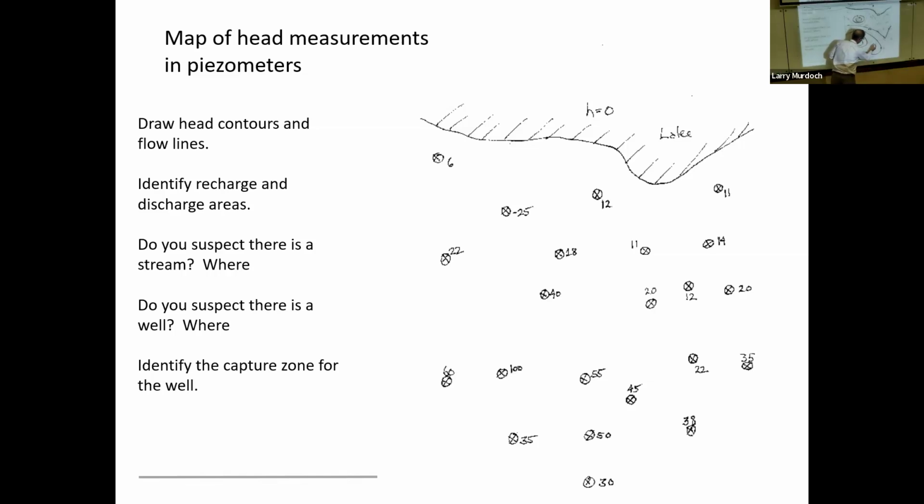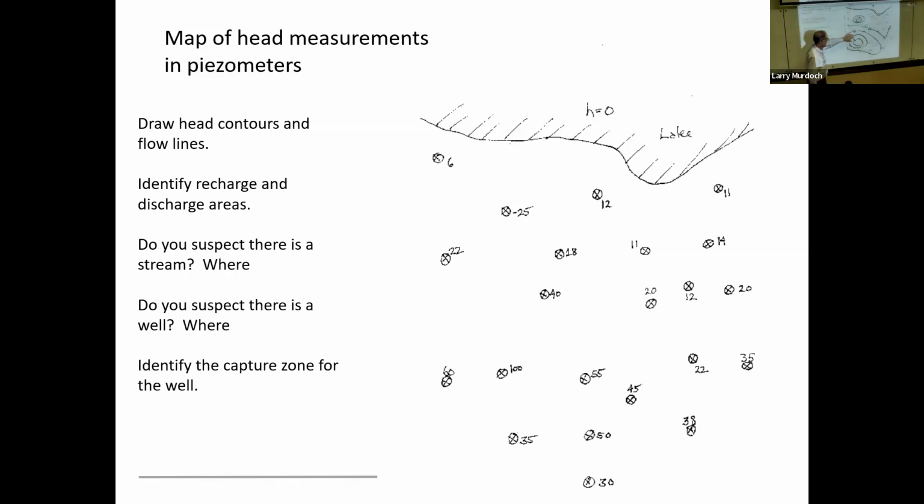That should be 50, so it's going to go through there. That's 30. Yeah. Then. Okay, so those are the interpolated values every 10. Okay, so those are the head contours. We'll do the flow lines in a second.